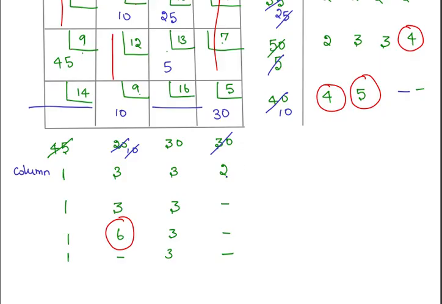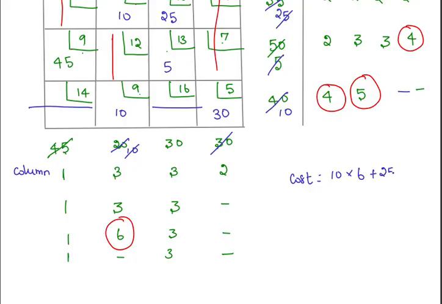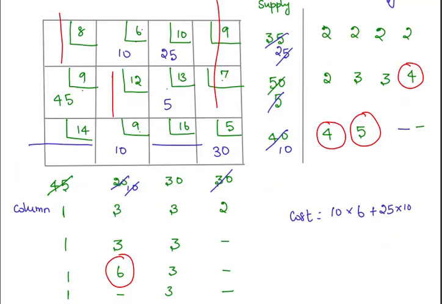Now I want to calculate the total cost. What will come? The cost equals 10 times 6 plus 25 times 10 and 4 plus 45 times 9 plus 5 times 13 plus 10 times 9 plus 30 times 5.